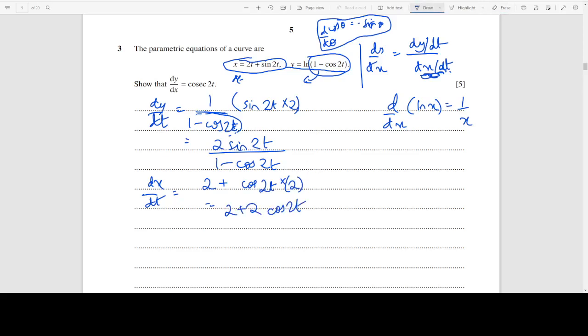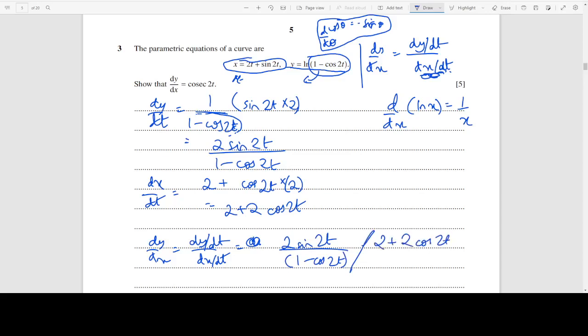Now to find dy/dx, we just have to do dy/dt upon dx/dt, which is 2 sine 2t divided by 1 minus cos 2t, divided by 2 plus 2 cos 2t.